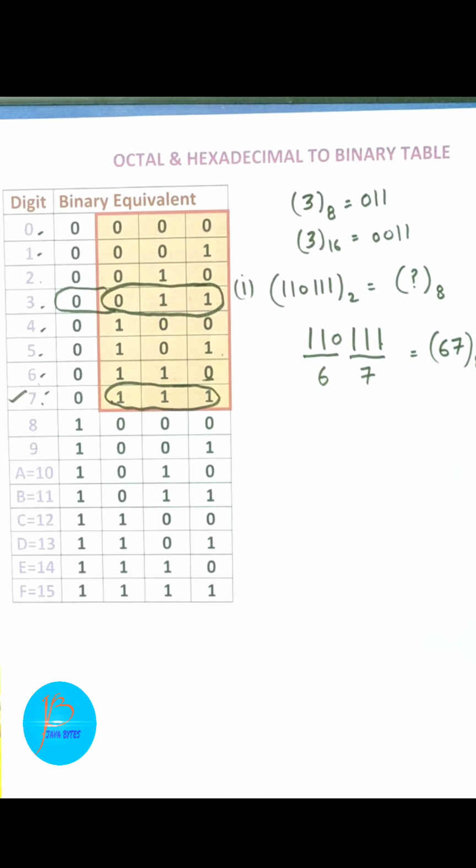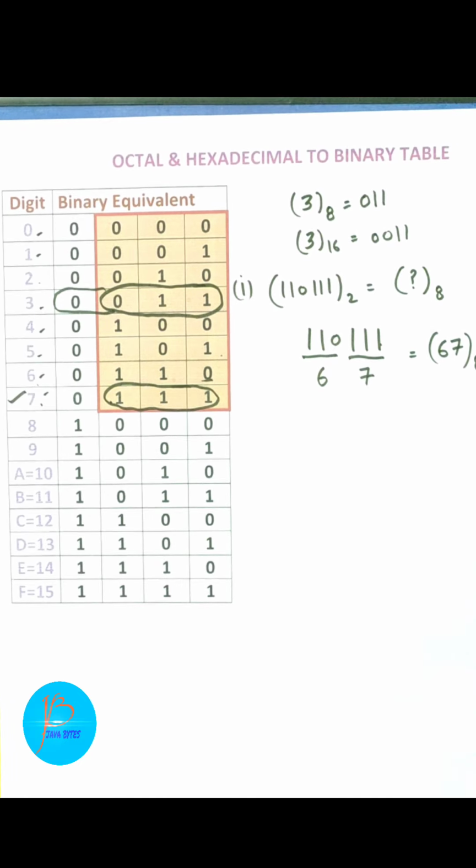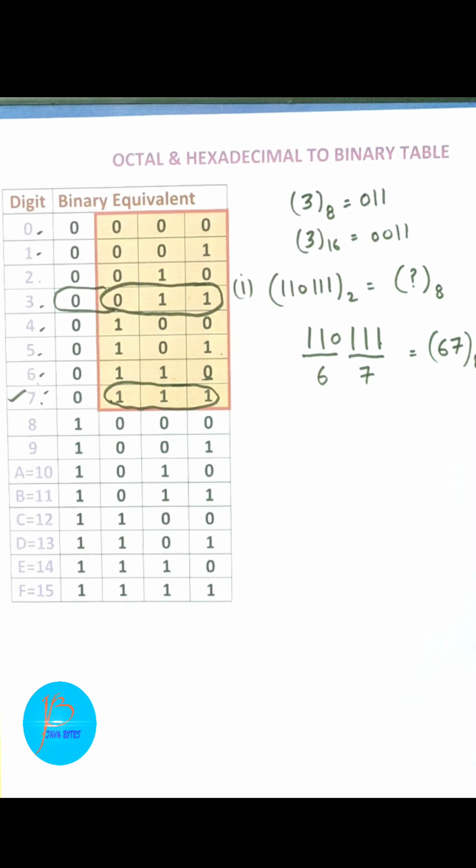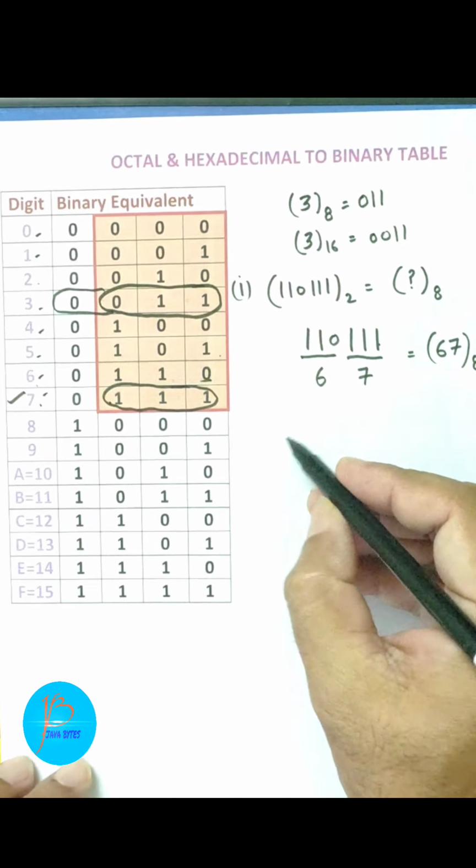In the same way, children, we can take the second example also. The second example was A57.